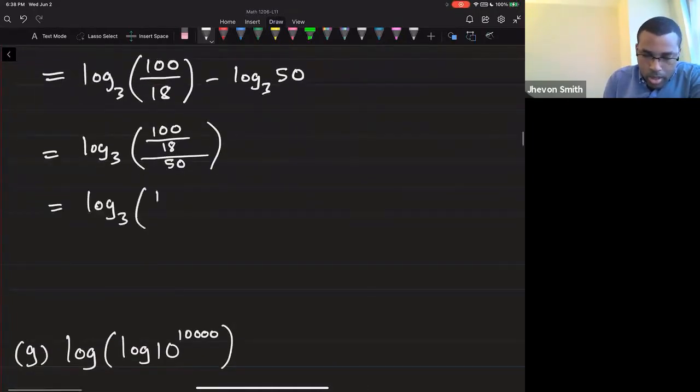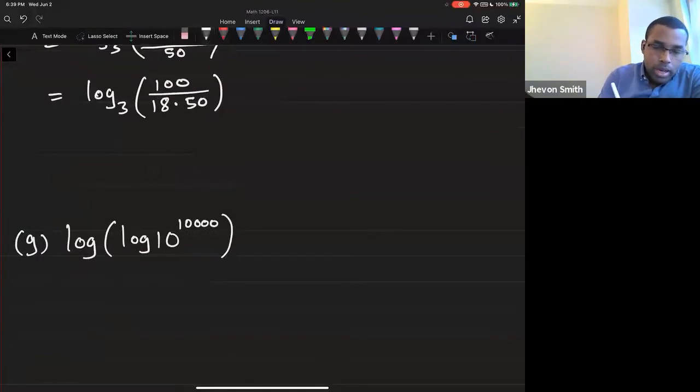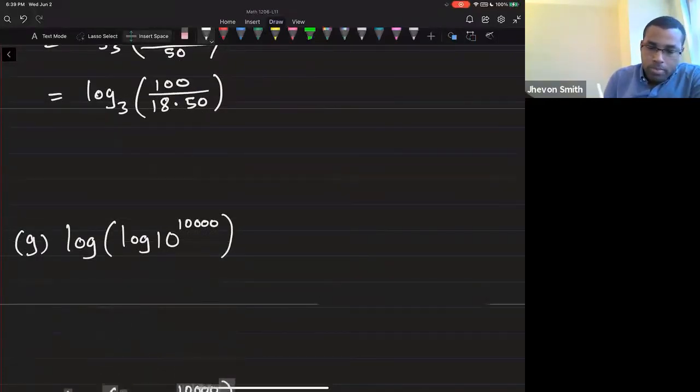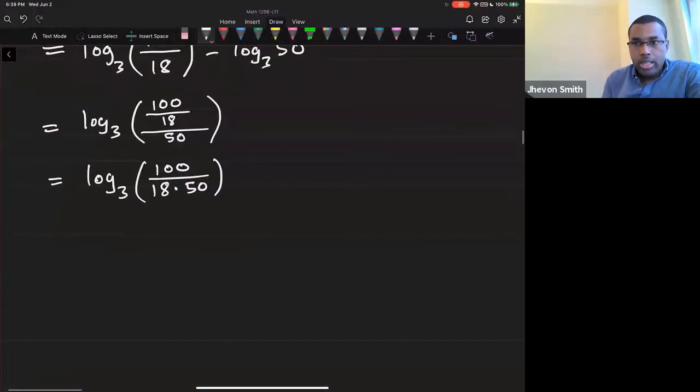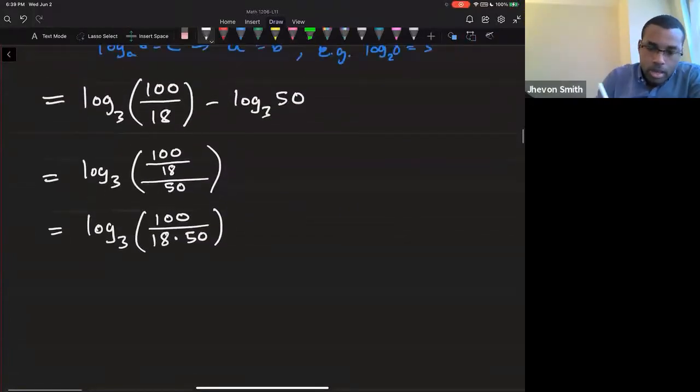Which, because we're all great at algebra, we know that that's just the same as multiplying the denominator by 50. And so now we have a bunch of numbers where we can actually start to reduce the fraction here and get something nice.